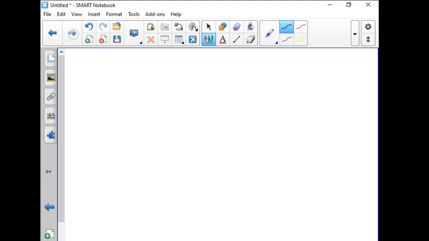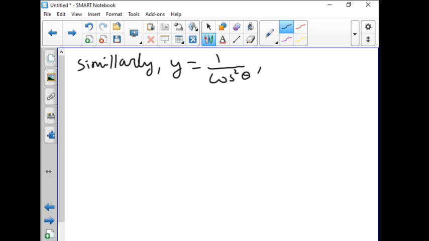So, similarly, y is equal to 1 by cos square theta and z is equal to 1 by 1 minus sin square theta into cos square theta. Do the same as we did for x, you will get it.